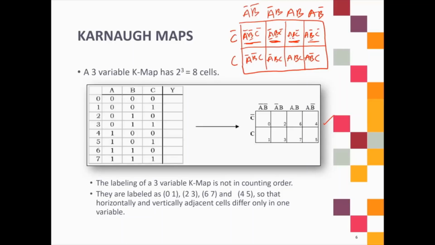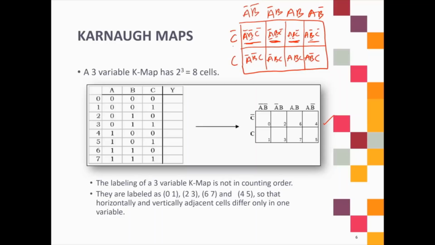For vertical, you don't see much difference because the difference is only C: on top you have C bar and below you have C. The adjacent one at the side is the same. So for this K-map, you can label or put your product terms just like this example: A bar B bar, A bar B, A B, A B bar.